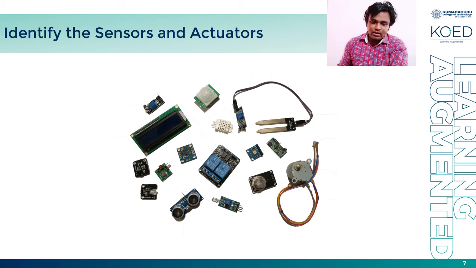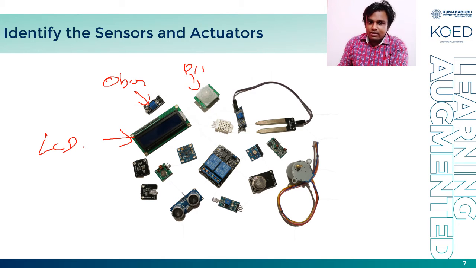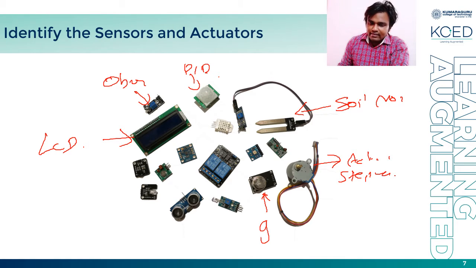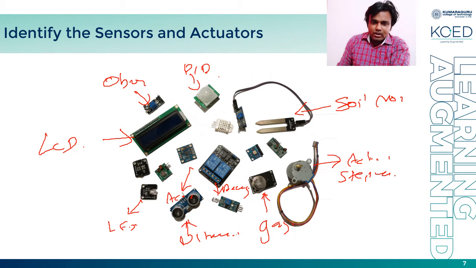This is an LCD, an output device, and this is the object detector, and this is the PIR sensor, and this is the soil moisture sensor, and this is the actuator, a kind of stepper motor, and this is the gas sensor, and this is the ultrasonic sensor, and this is an LED, and this is the accelerometer, and this is the relay, and this is the temperature and humidity sensor.